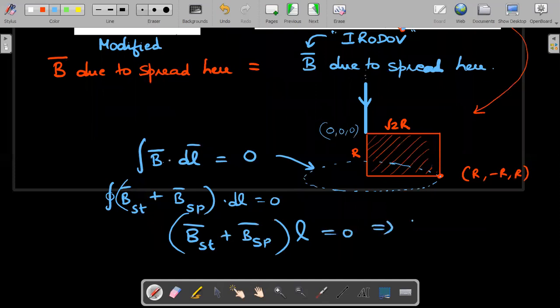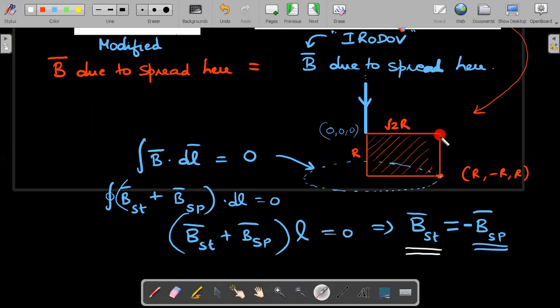So which means the value of B bar due to straight wire and value of B bar due to spread on the plane would be exactly negative vectors of each other. So to find the spread, it is equivalent to magnitude wise finding the straight wire's value. So using the Ampere's rule and symmetry, we realized that the magnetic field at this place, due to the spread that happens, remember XY plane is here, this point is below the XY plane.